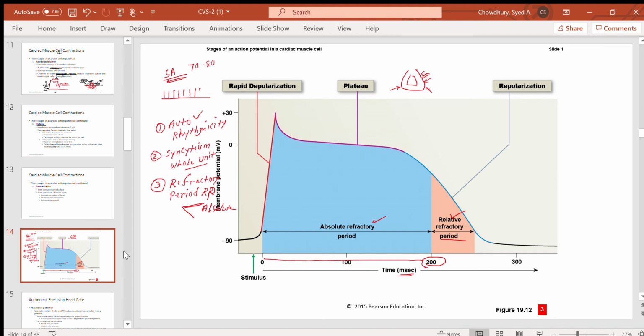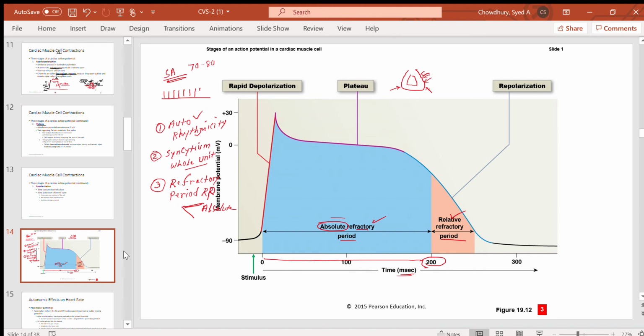Why is this part called the absolute refractory period? During this contraction of the heart muscle, if a signal comes, whatever the strength of that signal is, even if it is very strong, the heart will completely, absolutely not listen to it. That's why it is the absolute refractory period, totally ignore.